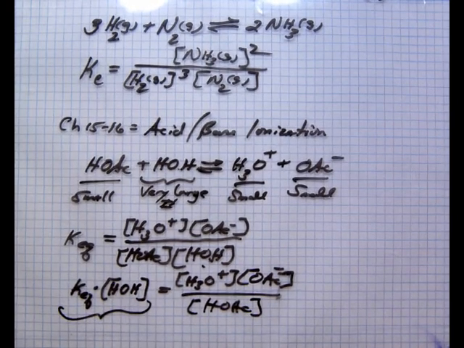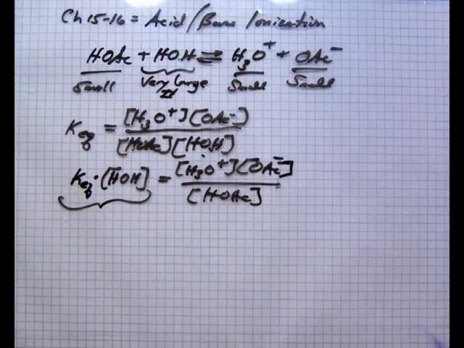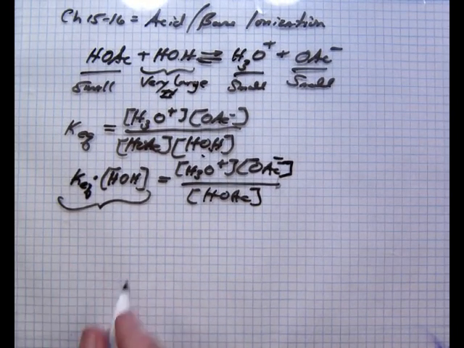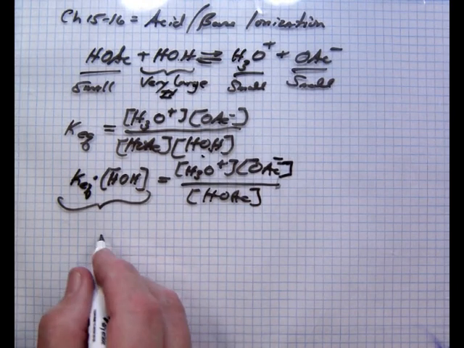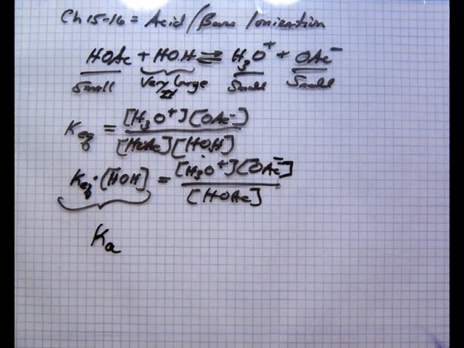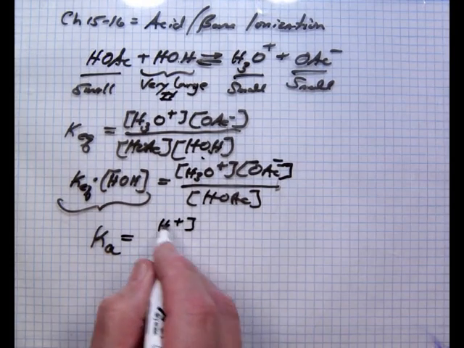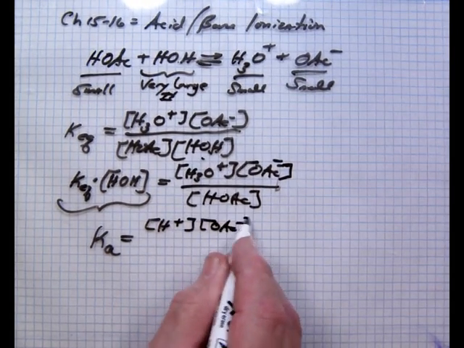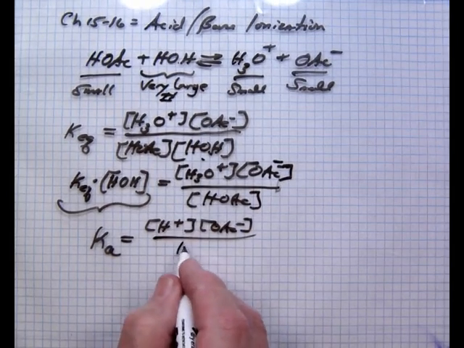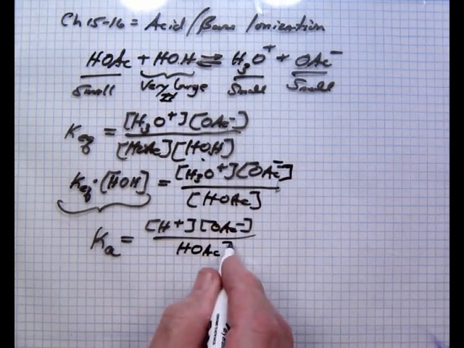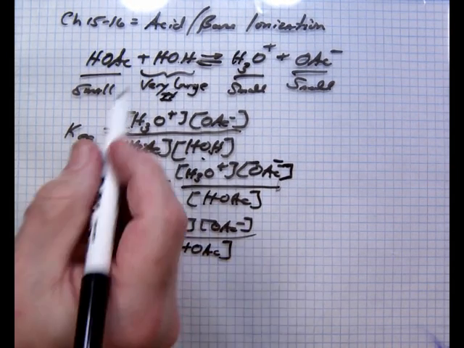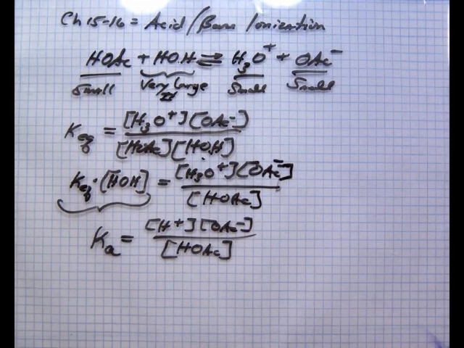Then this part of the equilibrium is redefined as an acid ionization constant, Ka, and consists only of the hydronium ion, the acetate ion, and the acid that it came from, like that. So that's why, as we go through the work we're doing, we just put the acid ionizes to H plus whatever the anion is. We don't put the water in there.